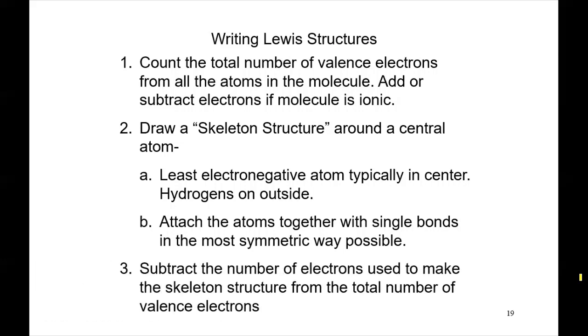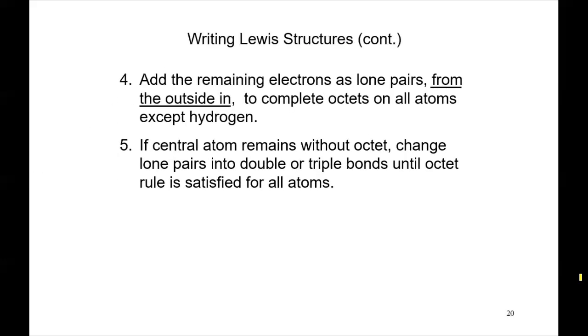Step number 3, I look at all the electrons that I used to make the skeleton structure, and I subtract it from the total number that I started with. And I take those leftover electrons, and I'm going to add them back in, but there's a rule for this. I add them, first of all, as lone pairs, not one by one, but two by two.